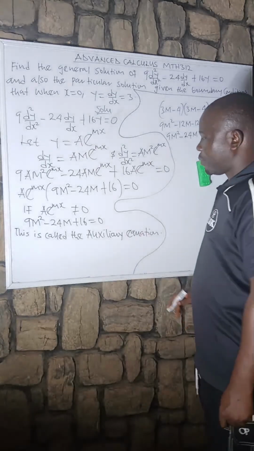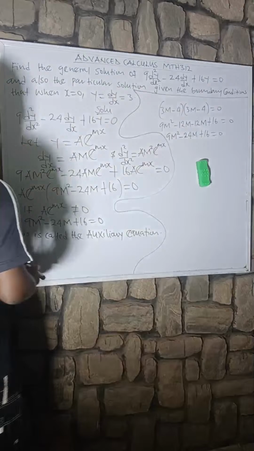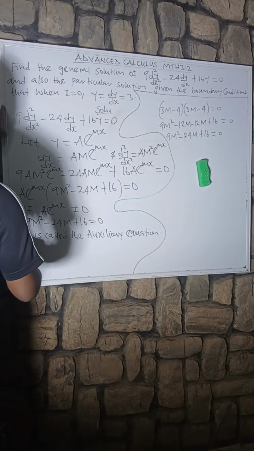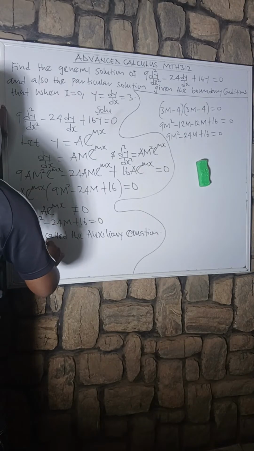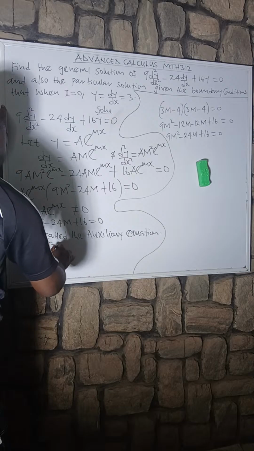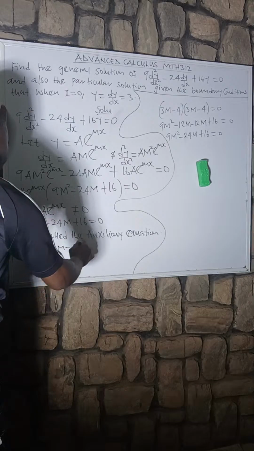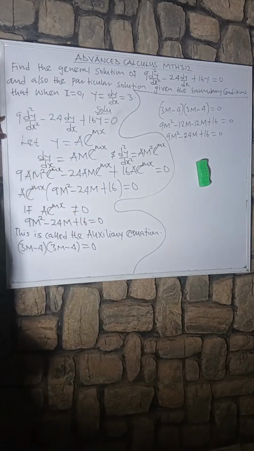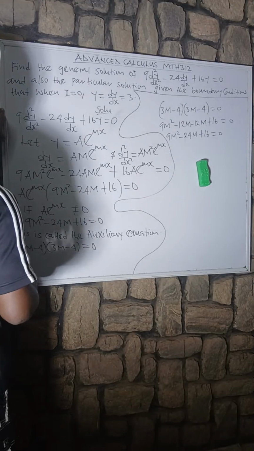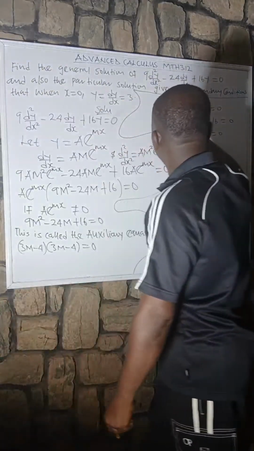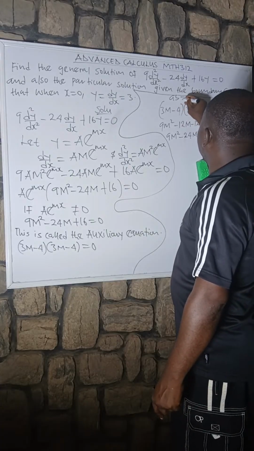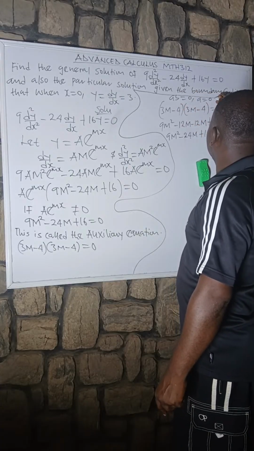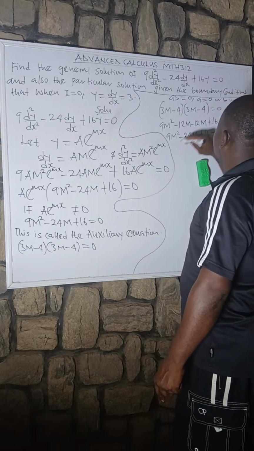Can you see now? So this is what we are going to write here: (3M minus 4)(3M minus 4) is equal to what? 0, right? In a quadratic equation, we know that AB equals 0 means A equals 0 or B equals 0.